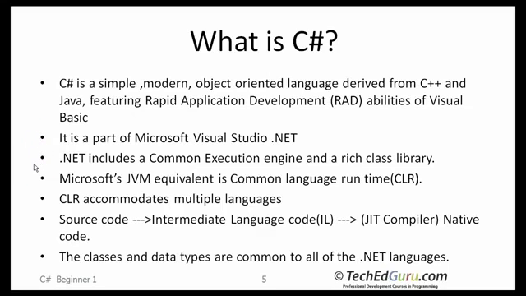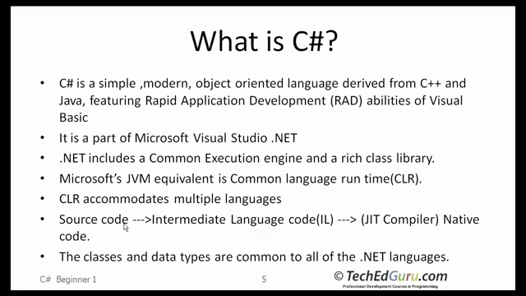The .NET includes a common execution engine and rich class library. Microsoft JVM equivalent is the Common Language Runtime, also called CLR. CLR accommodates multiple languages. So when you take the source code written in any language, C Sharp, VB, C++, etc., it first gets compiled to intermediate language code.